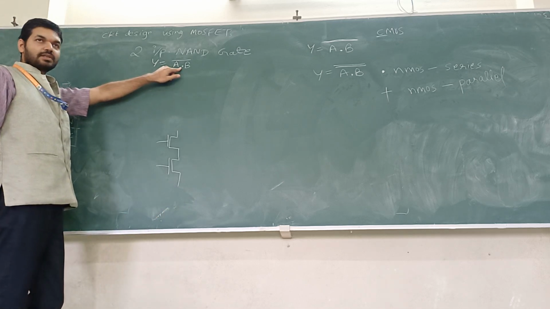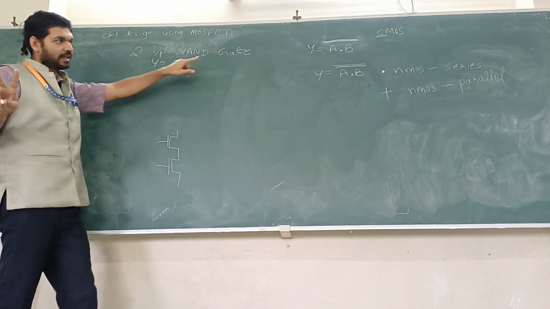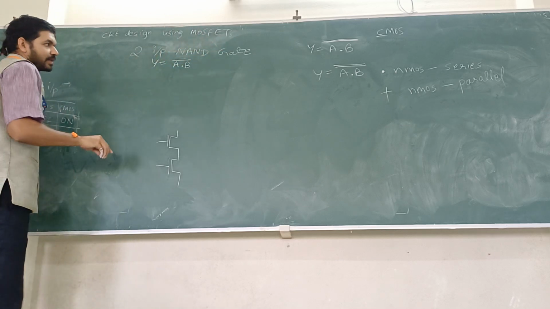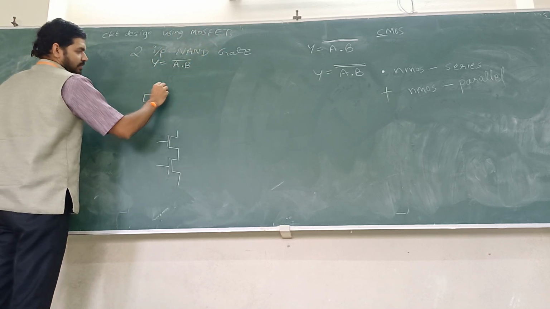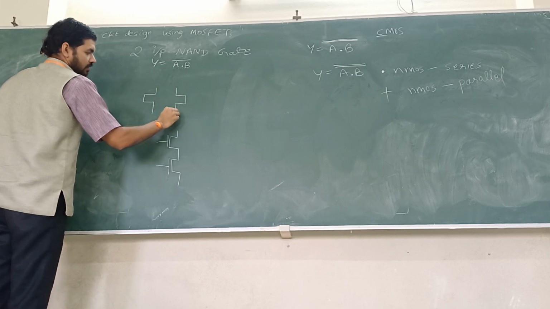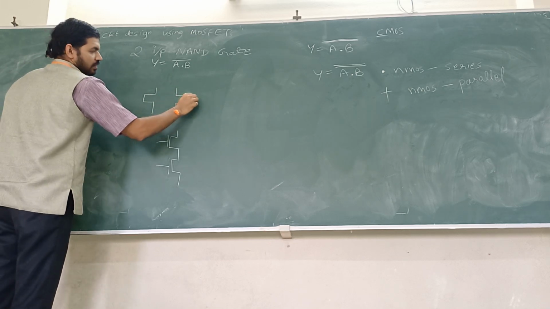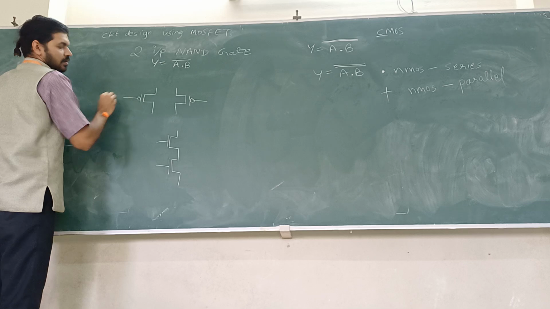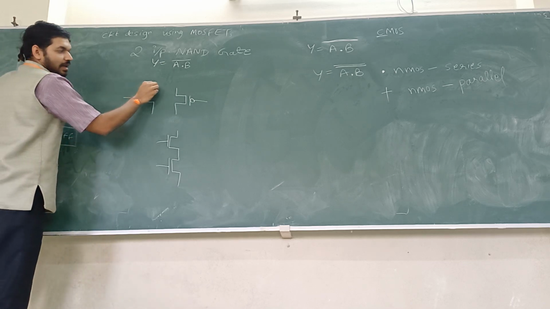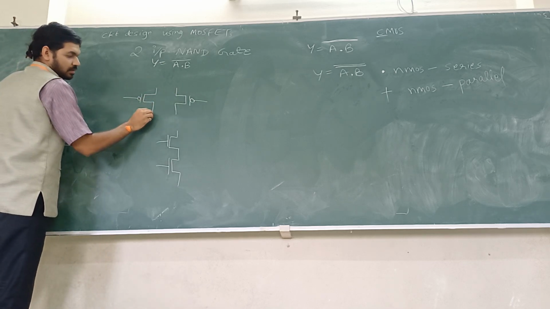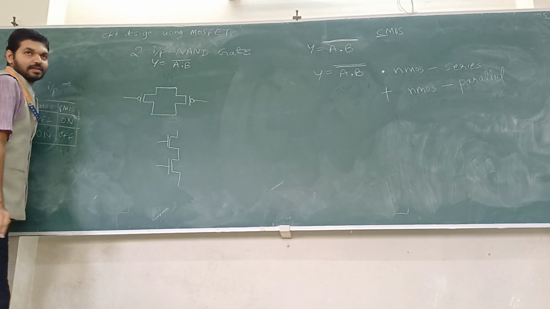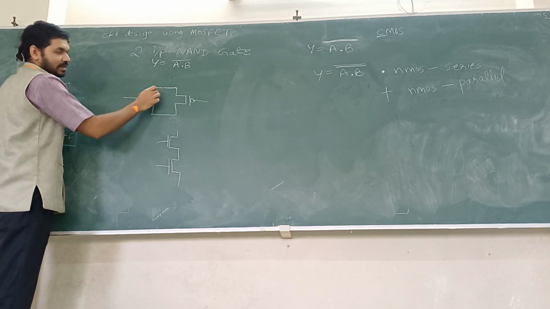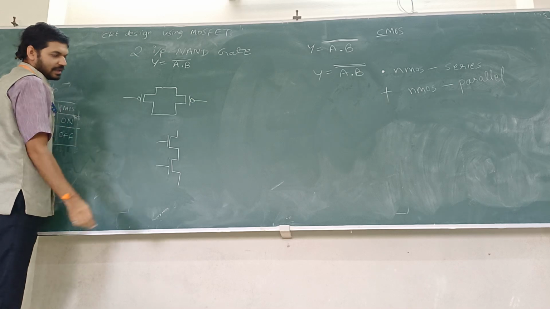So I have dot, therefore I take two PMOSFETs and connect them in parallel. You just don't know how to do parallel connection and series connection. So these are connected in parallel, these are connected in series.